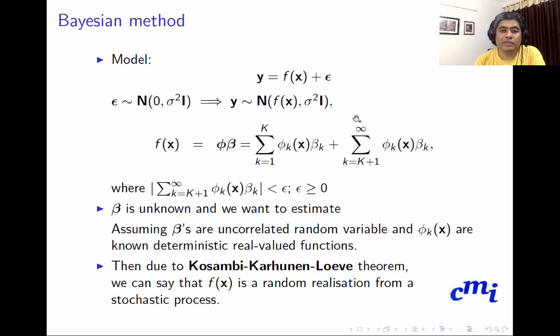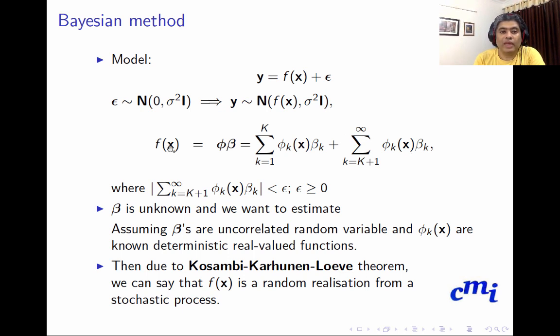So what we are trying to say is that we have added this additional component, and the total contribution of this additional component is less than epsilon. Epsilon is our choice, so we keep it very close to 0. But the advantage is writing in this way.